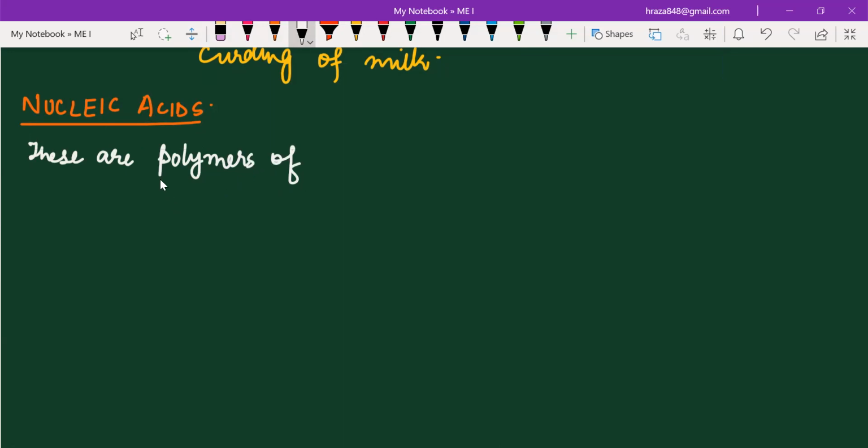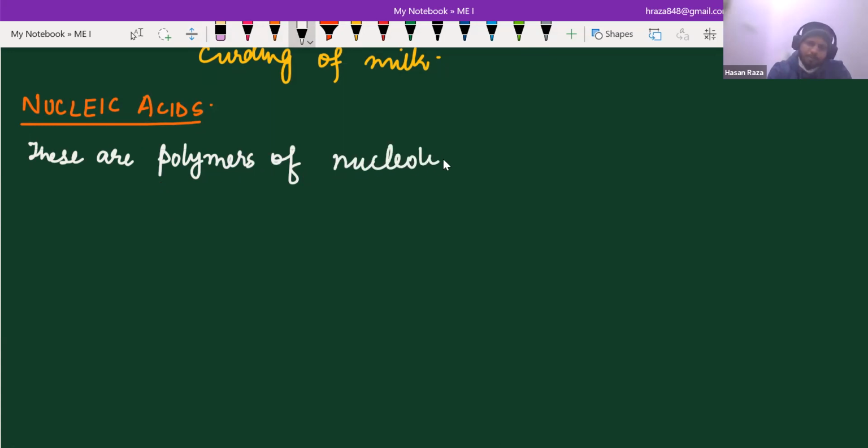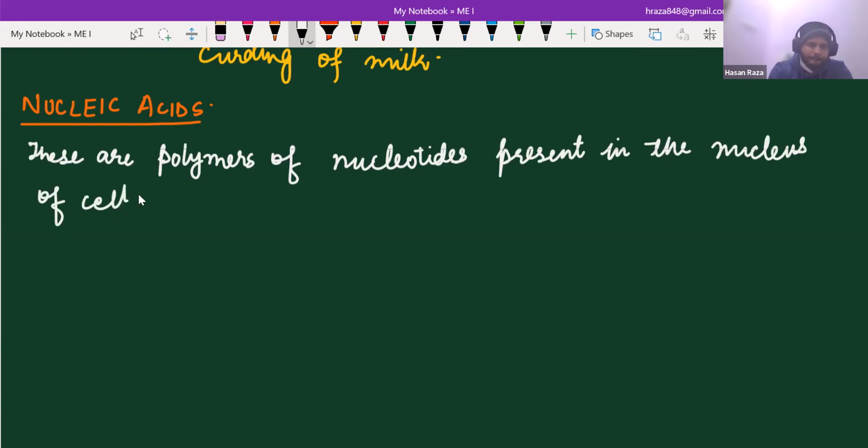Okay. So these are basically polymers of nucleotides present in the nucleus of the cell. These are also called polynucleotides.